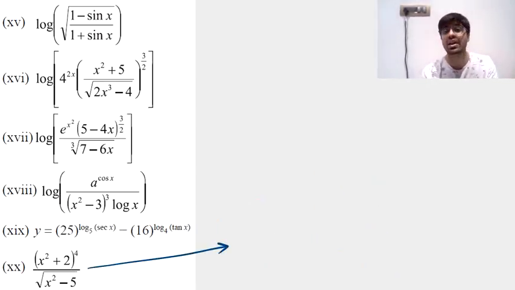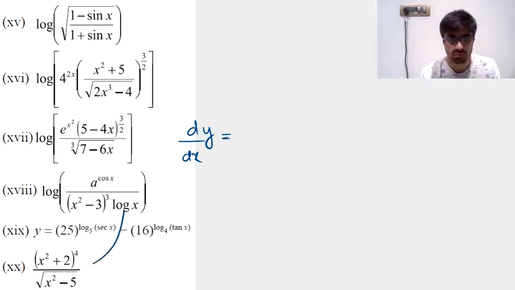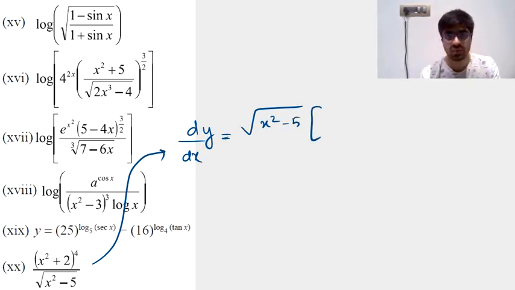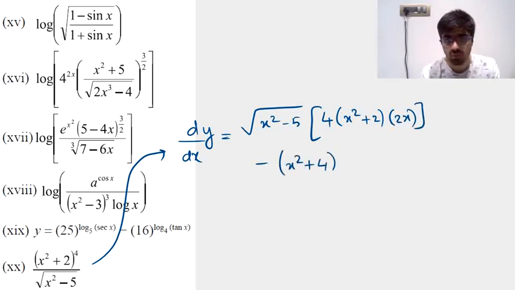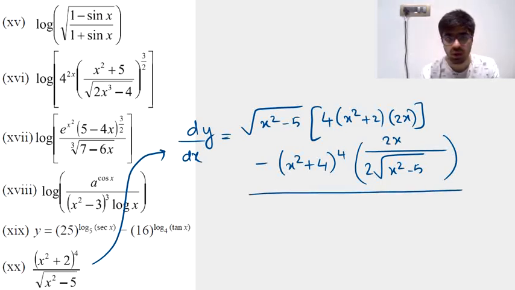And 20th, the last question in this main question. So you will take the derivative by the u by v rule, and dy by dx you can say is going to be v into the derivative of u minus u into the derivative of v: 1 upon 2 root x square minus 5 into there will be a 2x there, the whole divided by the square of the denominator, which is x square minus 5.